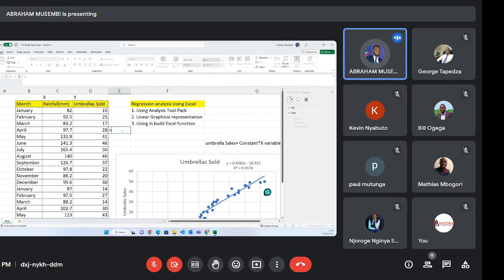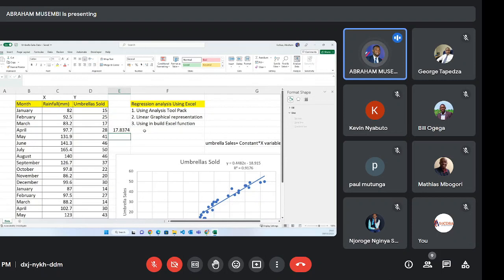You can either select the cell, or you can manually type 82. Then close that, and then we will minus our intercept. Because we know it is plus or minus, and in this case it is minus 18.914.